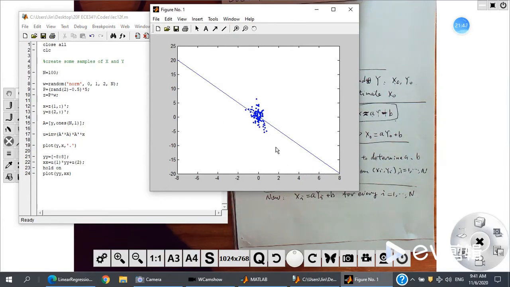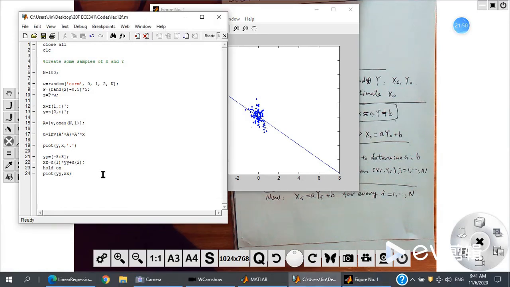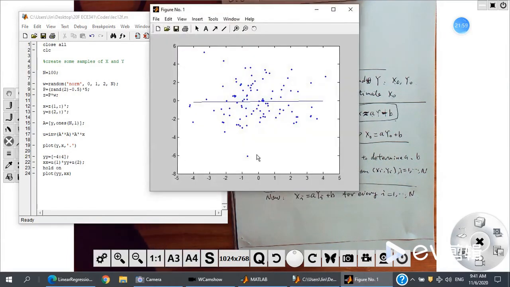This line is x running from negative to positive 8, but my data is only this part. I can make it shorter, like negative 4 to 4. Yeah, this one. Okay.